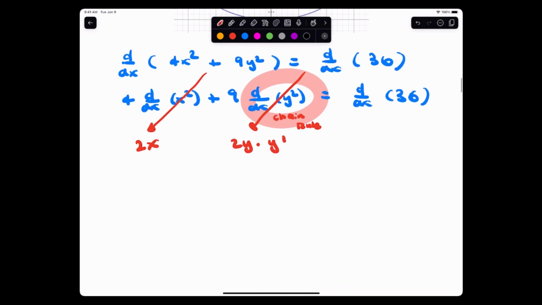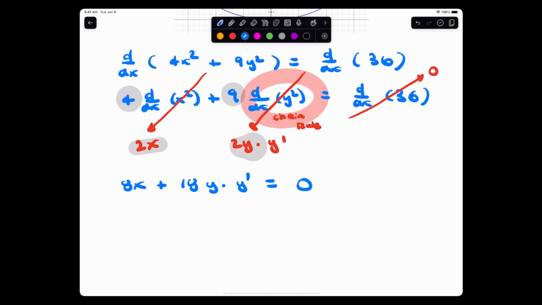Okay? Now be careful, because you had constants to begin with, right? And then what's the derivative of 36? Isn't that going to be 0? So we get 4 times 2x, which will be 8x. 9 times 2 will be 18y. y prime equals 0.